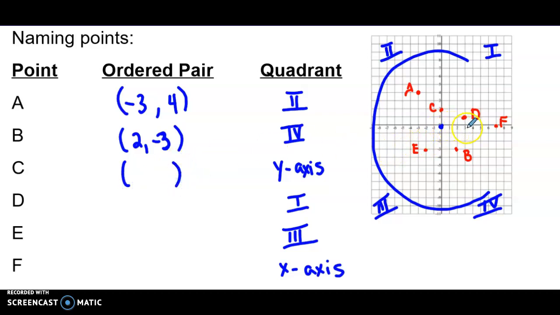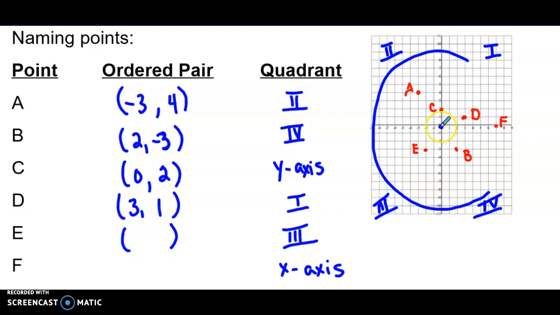We don't go to the right or to the left on our x-axis, so our x value is 0. And then we have to go up from the origin 1, 2 spaces, so the y value is 2 for point C. Point D, again, we're going to start at the origin. We're going to go to the right 1, 2, 3 units, so our x value is 3. And then we go up 1 unit to get to point D, so our y value is 1.